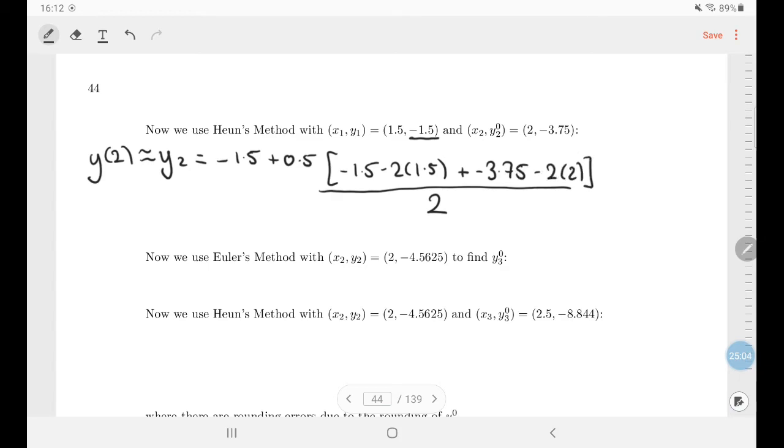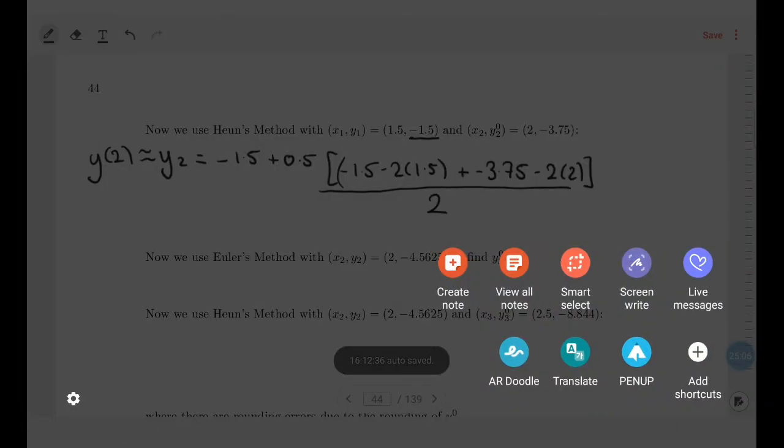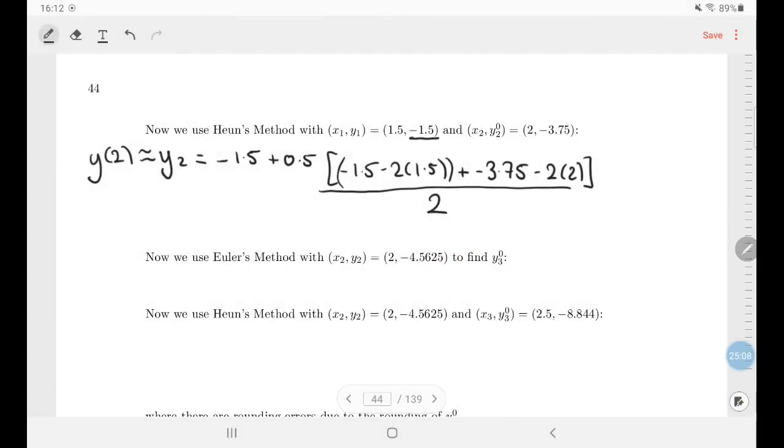Now I'm not going to bang that into the calculator, so that's the slope at where I am, and at the Euler predicted next point, this is equal to, as far as I know, minus 4.5625.